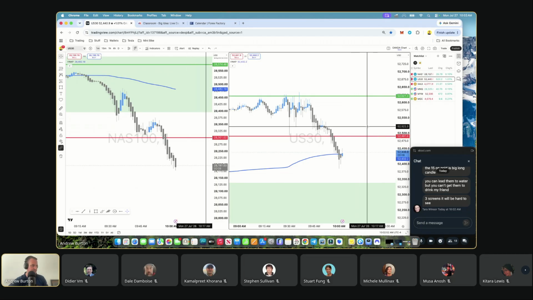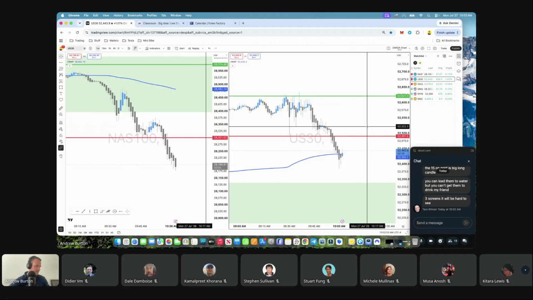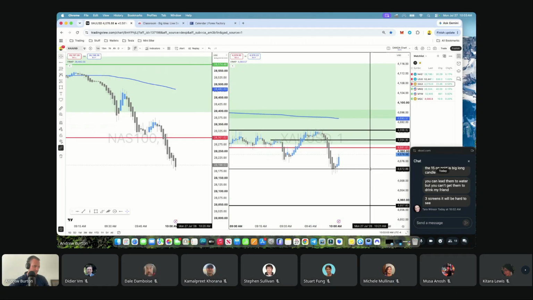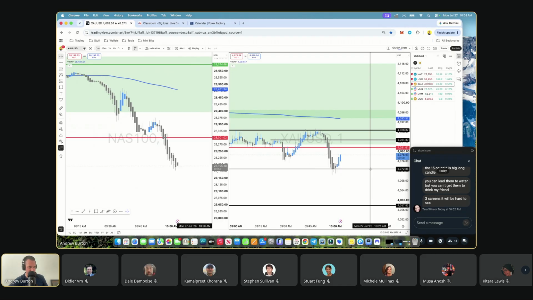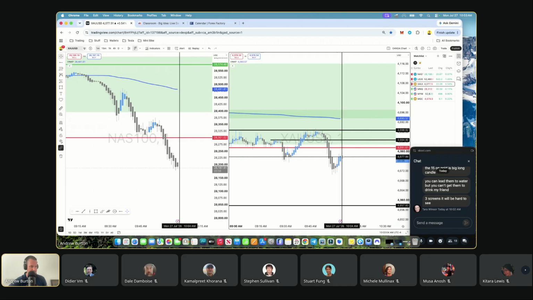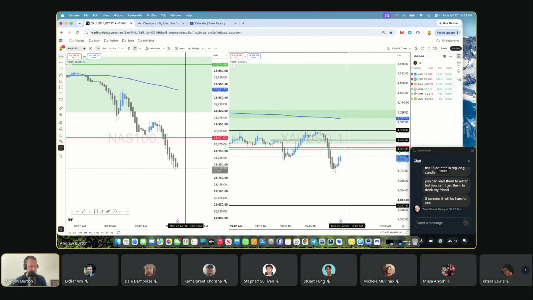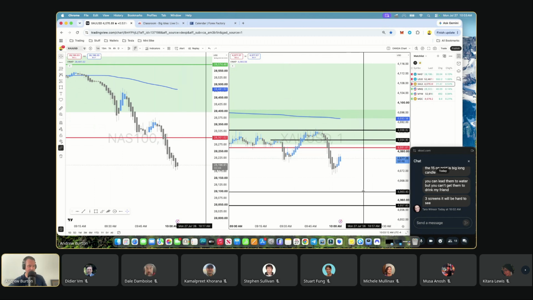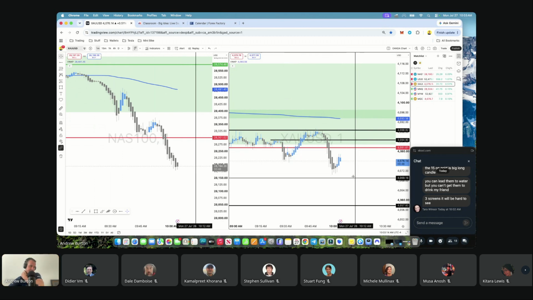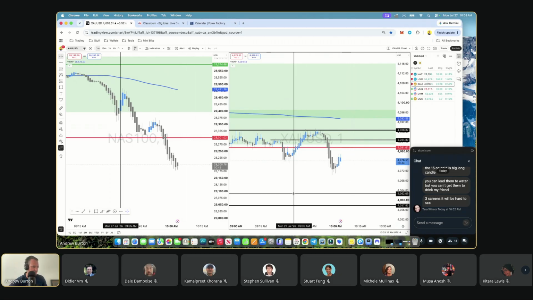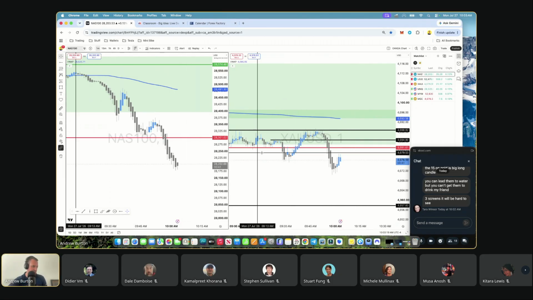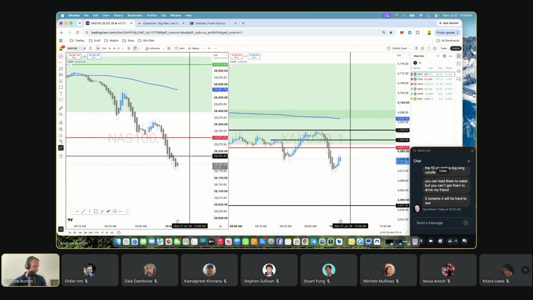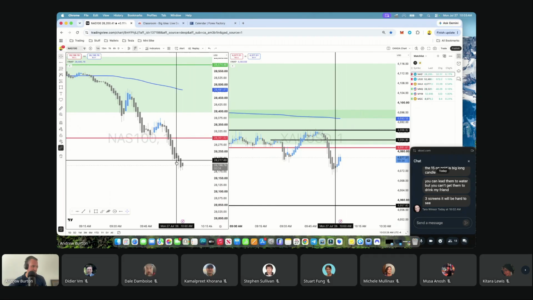Okay, so this is what I'm looking at here: we come back up to this red line, or maybe where it is right now, and then gold comes back down. I really feel it's going to come all the way back down to here. Kind of gives that vibe. So I do want to see it go up a little bit more. Yeah, I think everything's going to do that.